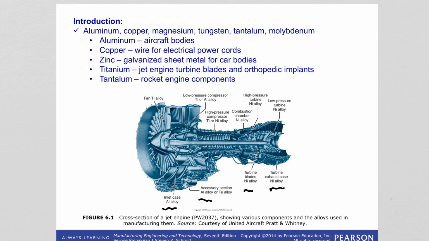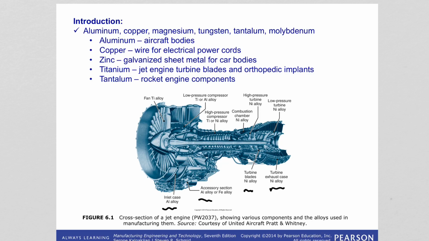And if we see the typical examples for applications, for example aluminum, it's usually used in aircraft bodies. Copper for wire for electrical power cords. Zinc, galvanized sheet metal for car bodies.